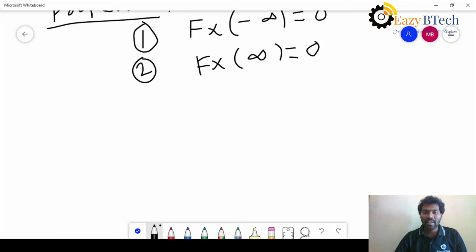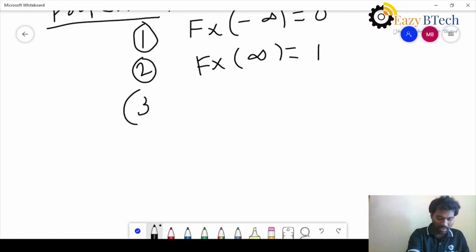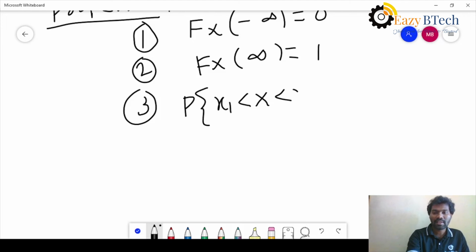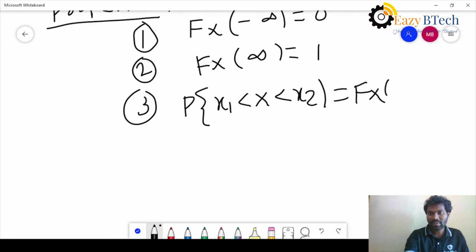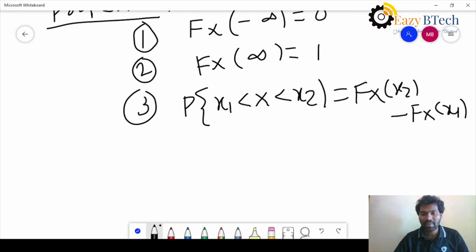I will explain these properties later with examples. So first see this one. F_X of minus infinity is equal to 0 and F_X of infinity is equal to 1. And the third one is P of x1 less than X less than x2 is equal to F_X of x2 minus F_X of x1.